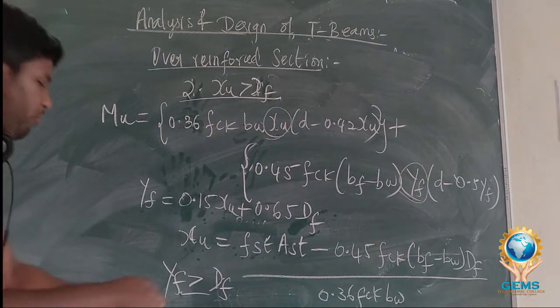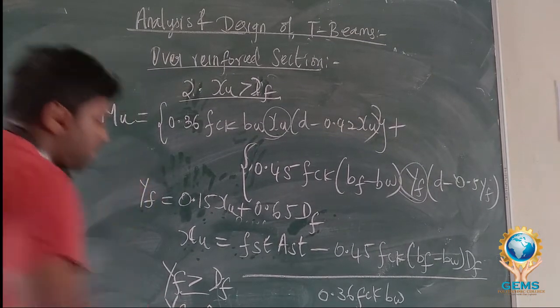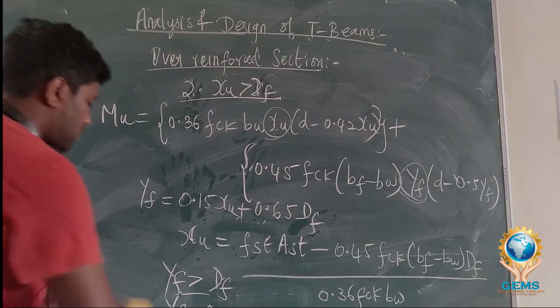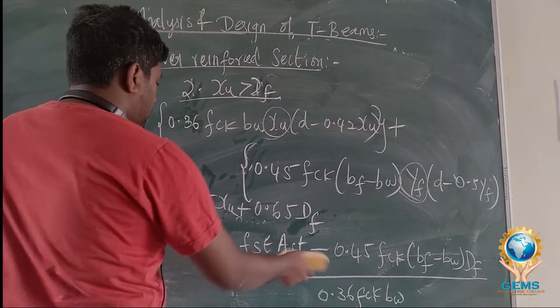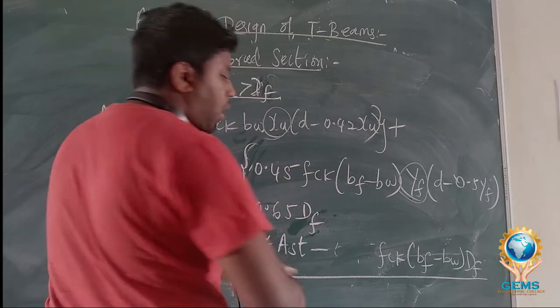But if YF is less than DF, note that you will again calculate XU using another formula. It is the same, but only this value changes.